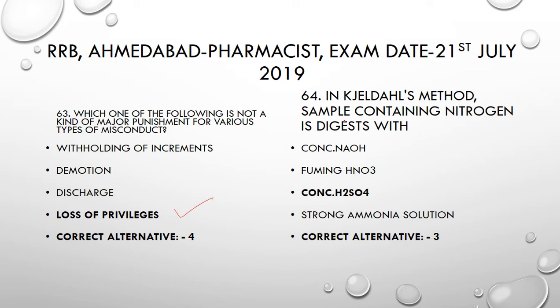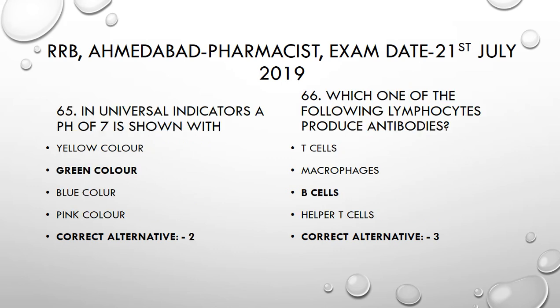In Kjeldahl's method, the sample containing nitrogen is digested with concentrated H2SO4. In universal indicators, a pH of 7 is shown with green color. Which one of the following lymphocytes produces antibodies? B cells.